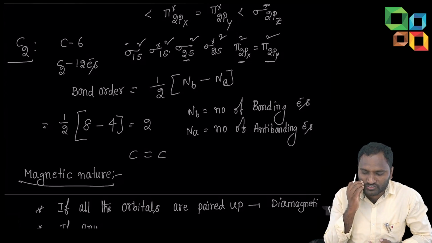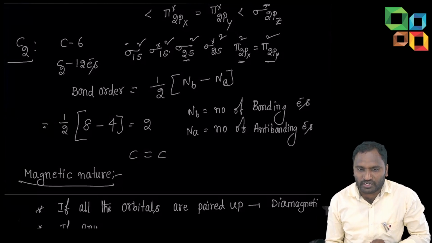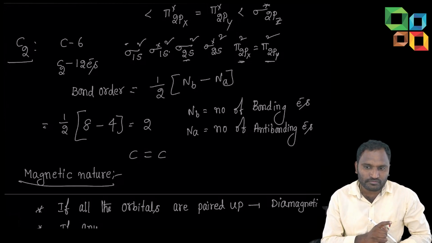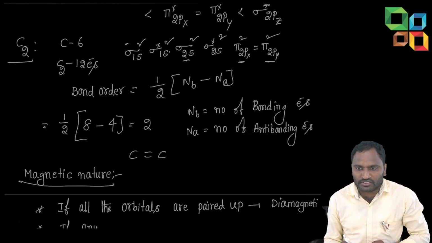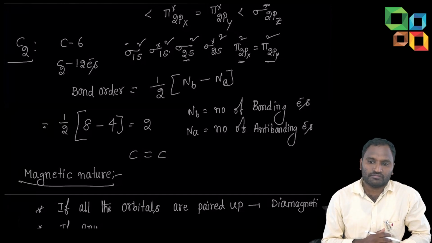Sandra, now you are giving the answer. I told clearly, if any orbital contains a single electron, only one electron, paramagnetic. At least one orbital, if it contains a single electron, paramagnetic. If all the orbitals contain two electrons, two number only I said.